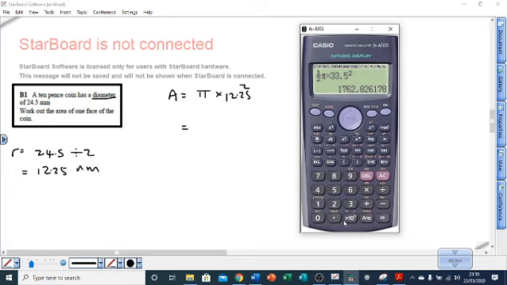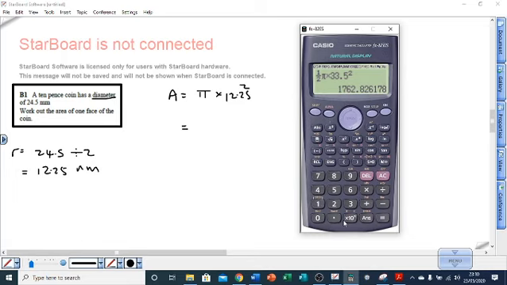B2. A regulation dartboard has a diameter of 451 millimeters. Work out the area of the dartboard, giving your answer in centimeters squared. The diameter was given, so the area equals pi times radius squared.